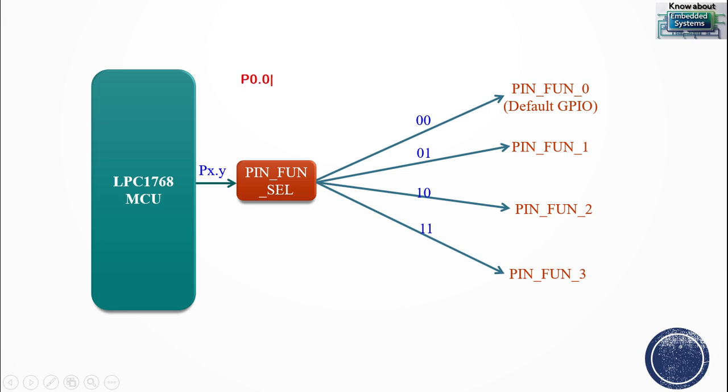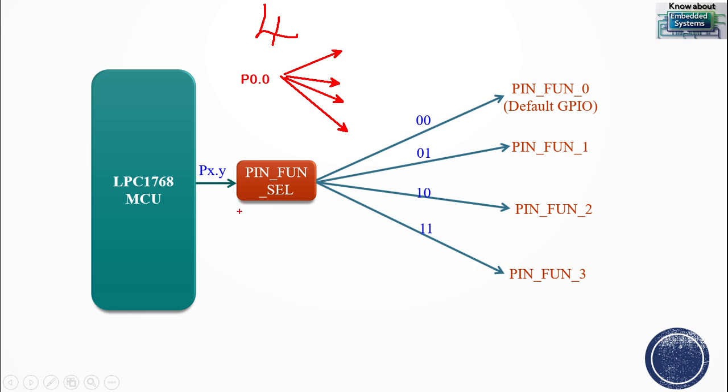Depending upon the complexity, the port functionalities will be defined, but in the LPC1768 microcontroller, each port pin will have 4 different functionalities, and how to select those functionalities, we will discuss now.